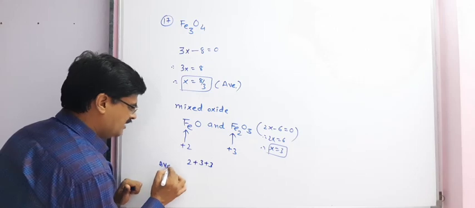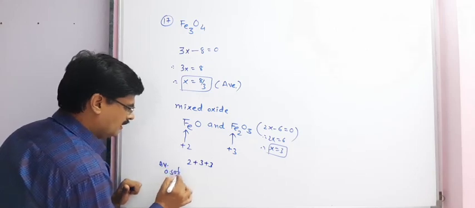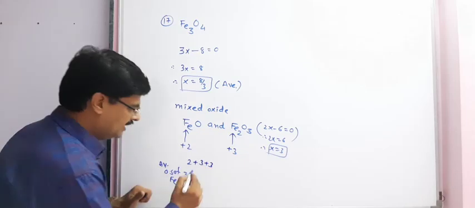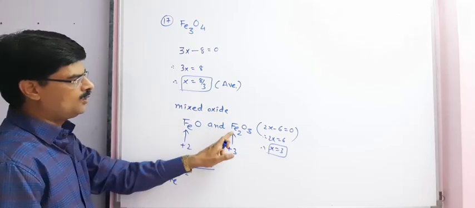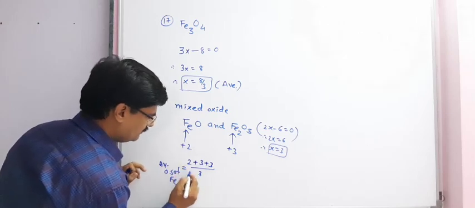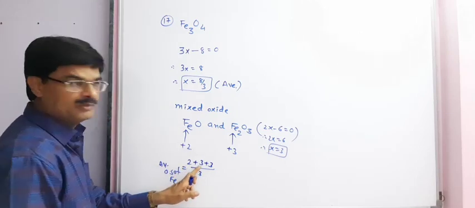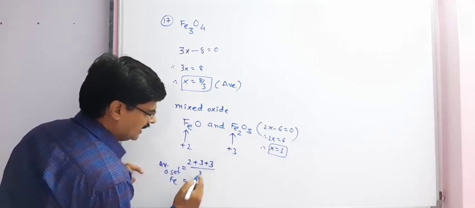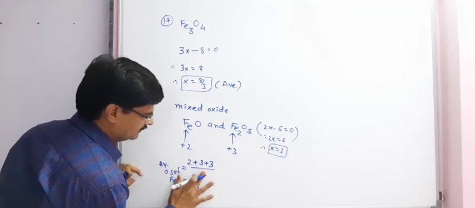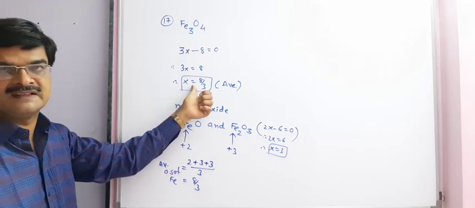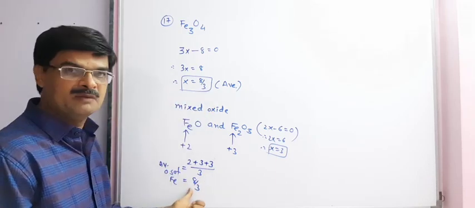So the average oxidation state of Fe is equal to 2 plus 3 plus 3 divided by the total number of Fe, which is 3. So the answer will be 3 plus 3, 6, plus 2, 8, divided by 3. The same answer, that is the average answer, here also 8 by 3.